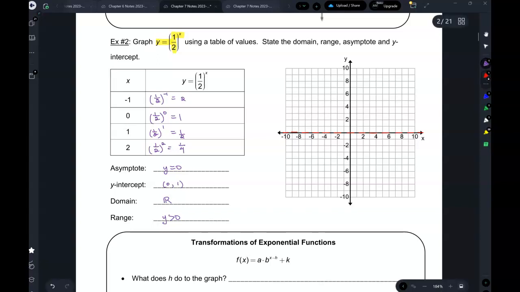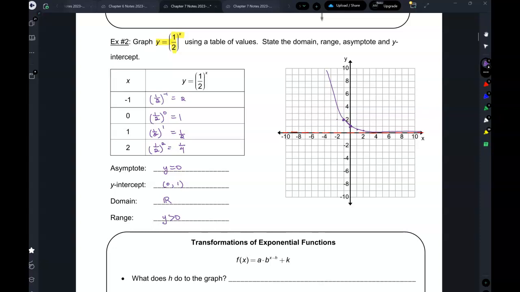Okay, so at -1, we're at 2. Then 1, then a half, then a fourth. Do you see how we went from a half to a fourth?